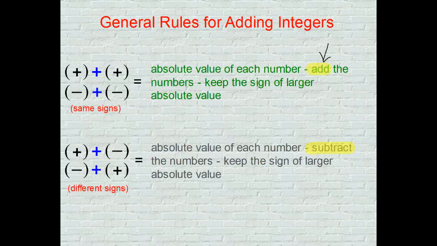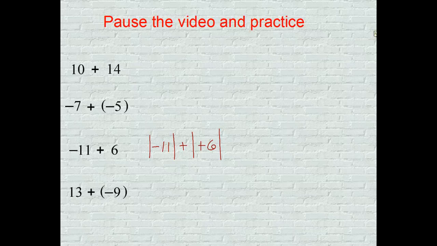So let's go back to our rules and find that. So a negative added to a positive, we are actually going to subtract these numbers from each other. So 11 and 6 gets me some kind of 5, right? We're going to subtract those now, but we're still going to play the absolute value game.